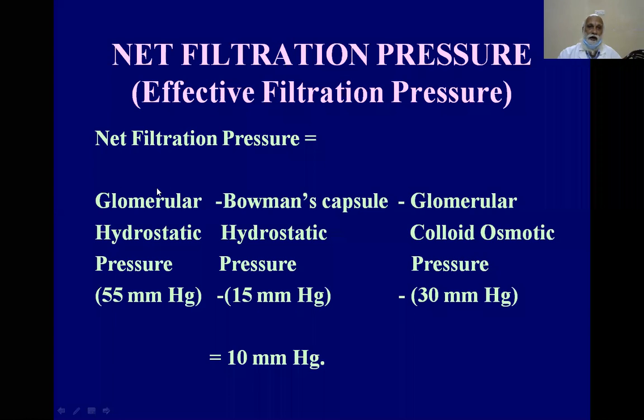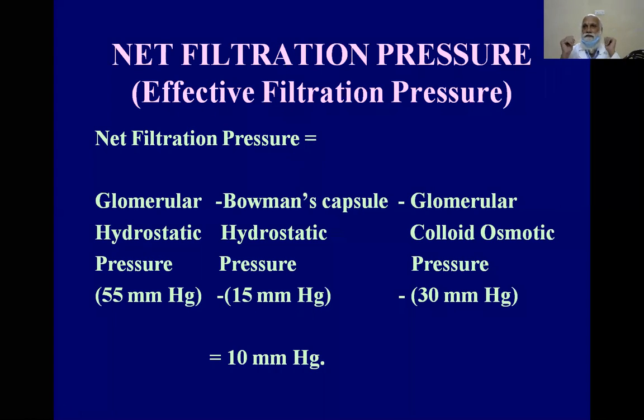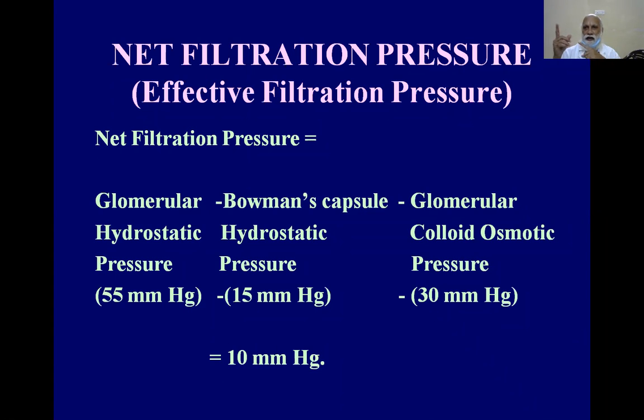So if you see glomerular hydrostatic pressure, essentially it is the capillary blood pressure. Nothing more to say. We are using the term hydrostatic pressure because the same kind of pressure is also used in the Bowman's capsule.